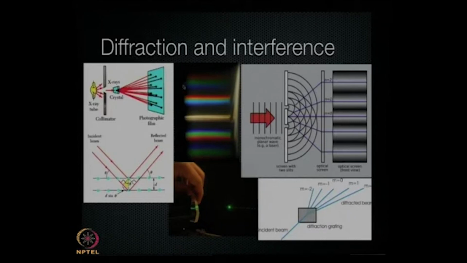In the middle part of this slide, we see a beam of light passing through a diffraction grating, and it shows the main beam and a lot of little beams that are generated. The pattern of this diffraction image depends on the pattern of the grating.